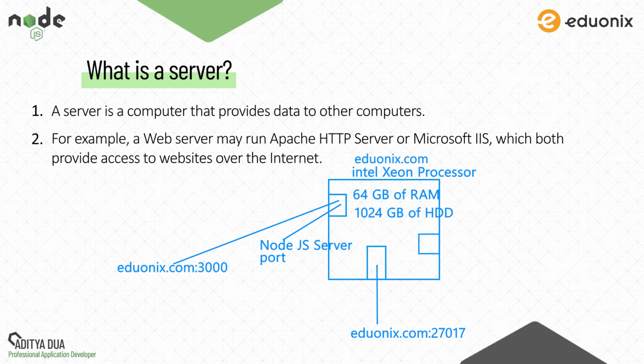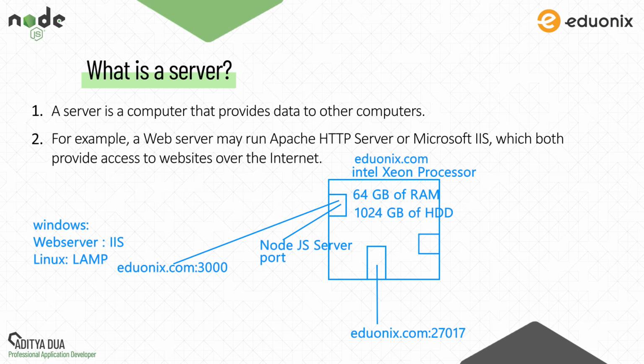When you go to the market to buy a server, you will get a blank server of this type. On this server, if you are installing a Windows OS, Windows OS comes with a predefined web server named IIS, correct? If it's a Linux server, you can have something like LAMP.